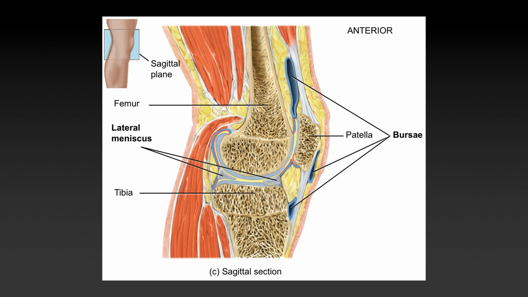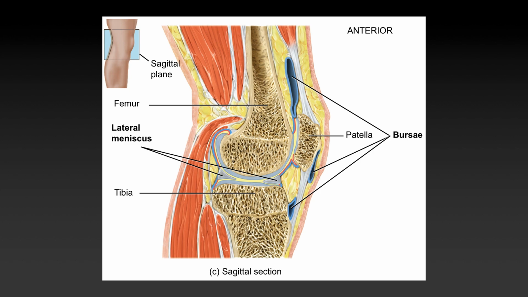So I threw in a slide here that helps to illustrate how those accessory structures fit in. This is the knee joint. And we're not looking in depth currently, but a lot of the structures we've talked about are evident here. You can see the femur on top, the tibia on the bottom. You can see articular cartilage. You can even trace the fibrous capsule. You can imagine where the synovial fluid would be.